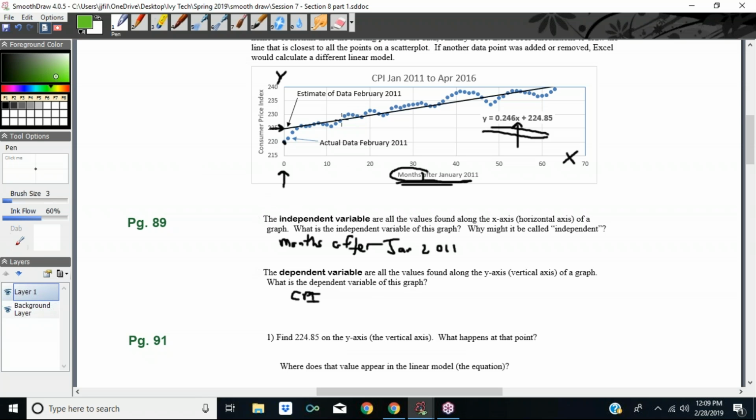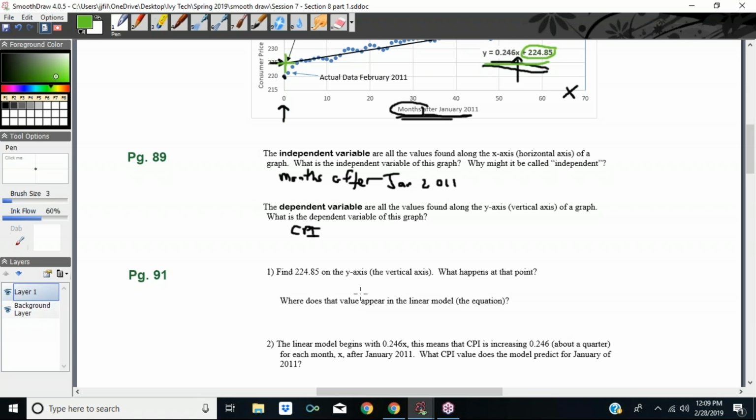Well, if you look at that point, this black line, the trend line, crosses the y-axis. So that's where the trend line crosses the y-axis. And it says, where does that value appear in the linear model? So the linear model is up here. Notice how that value appears at the end. Okay, so we found the 224.85.